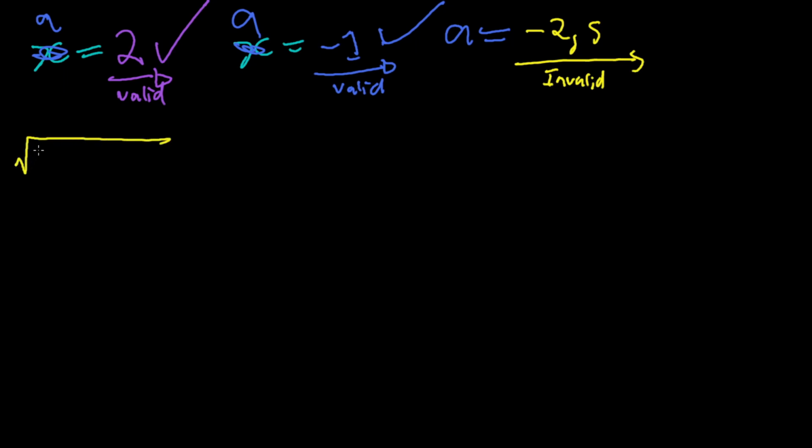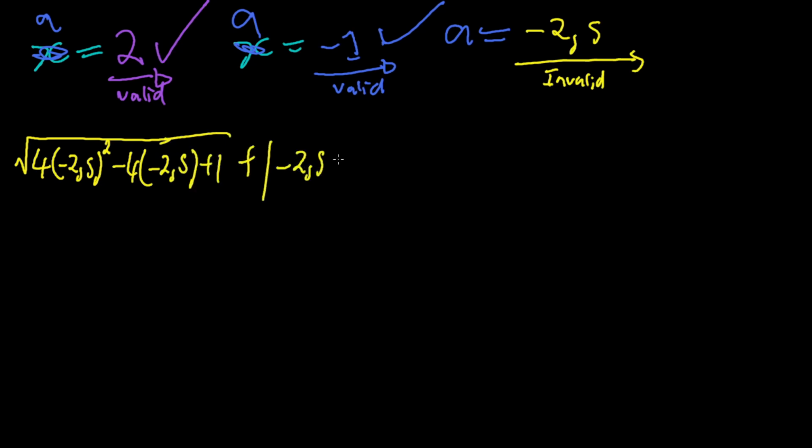So it would be 4 times negative 2.5 squared minus 4 times negative 2.5 plus 1 plus the absolute value of negative 2.5 plus 4 is equal to negative 2.5 plus 7. So now this ends up being square root of, funnily enough, these actually end up being proper values. 4 times negative 2.5 squared ends up being 25.